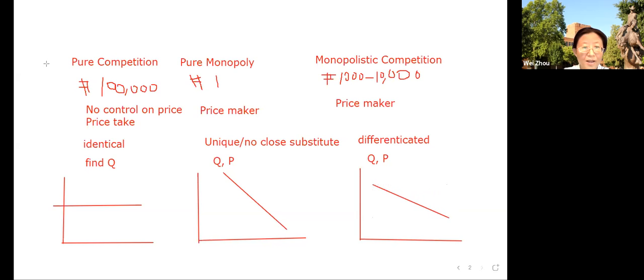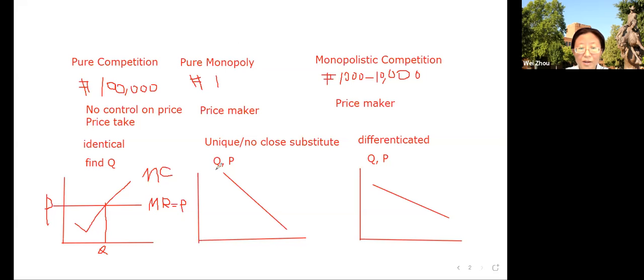And for pure competition, how to find the output level? Very simple. You have marginal revenue, which is equal to price, because in this situation price and marginal revenue are flat. And then find the marginal cost. Then this is the level of output, and that is the price already pre-decided.